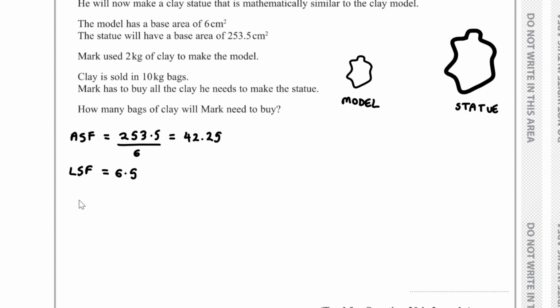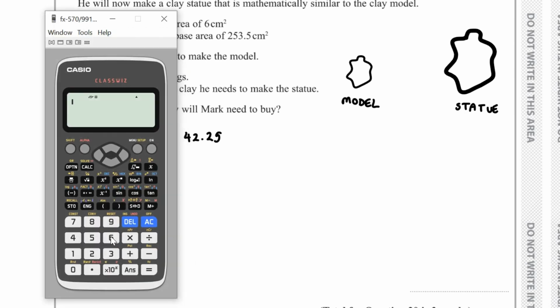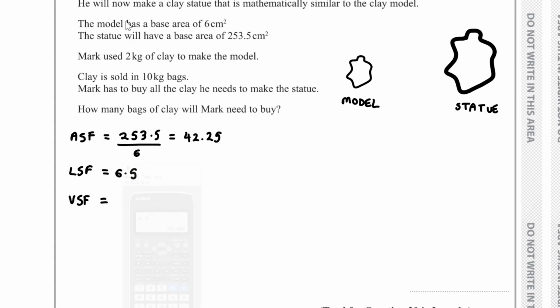So therefore the volume scale factor, that's equal to 6.5 cubed. So if I work this out, we get 274.625.